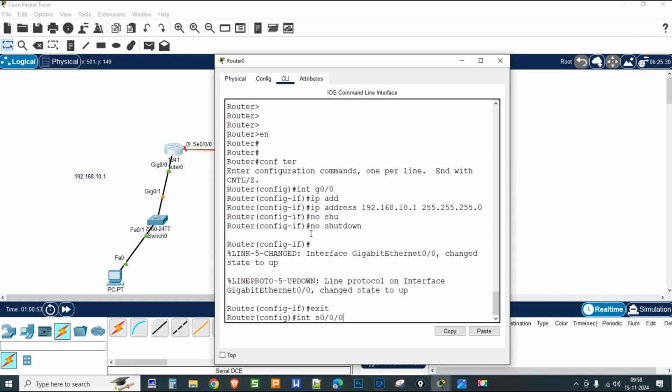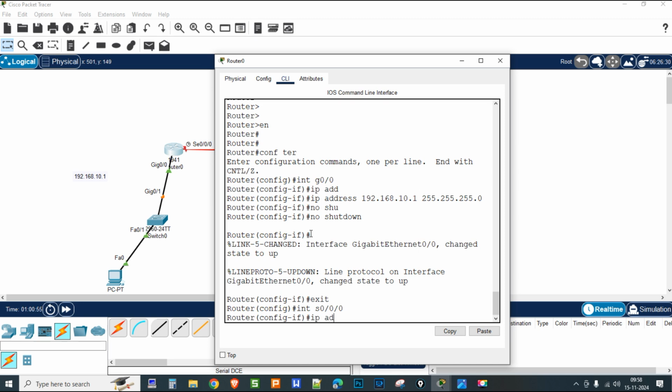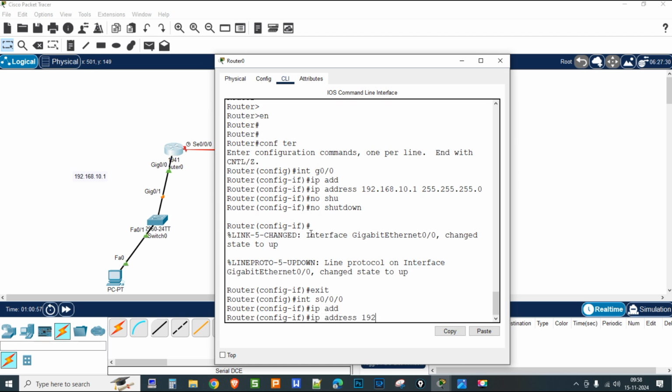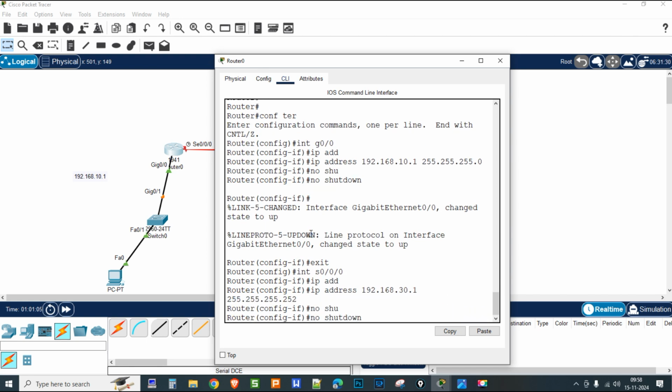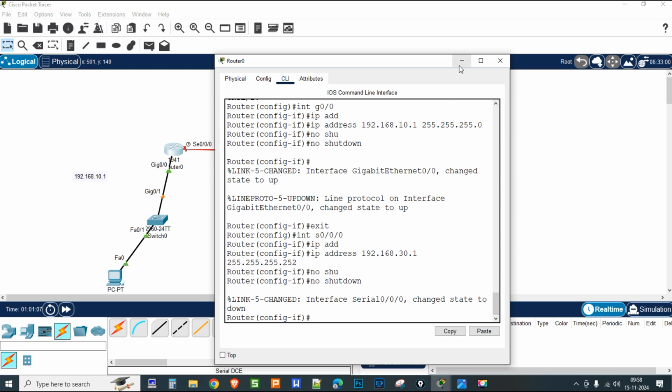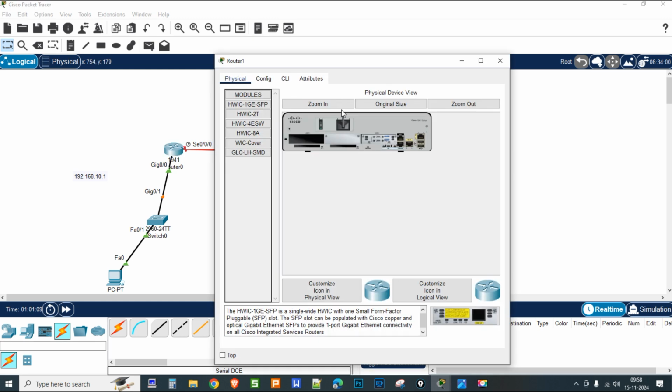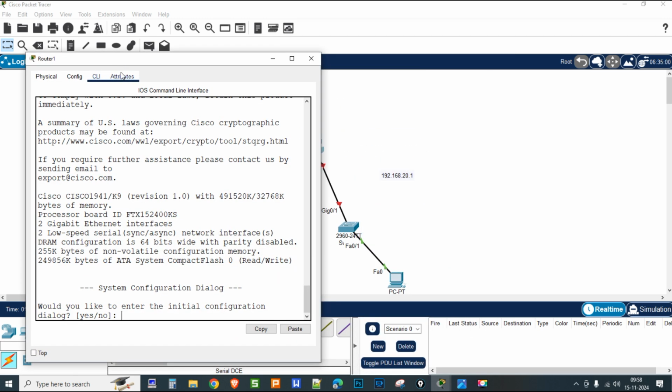Interface serial number 0/0, IP address 192.168.30.1 followed by subnets. As well as I need to configure the right side also.